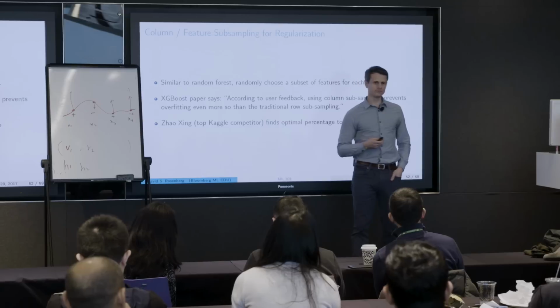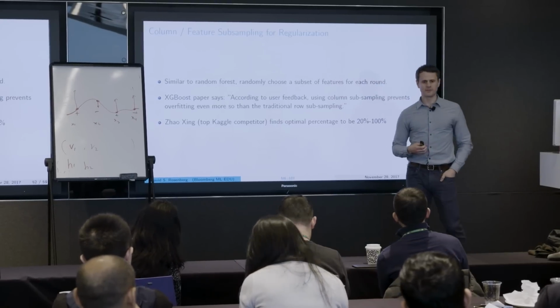I've never seen that. I might imagine that your first round, you could pick something linear, and then all subsequent rounds would be taking the residuals from that. Yeah, that's an interesting idea.